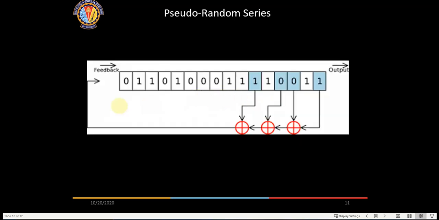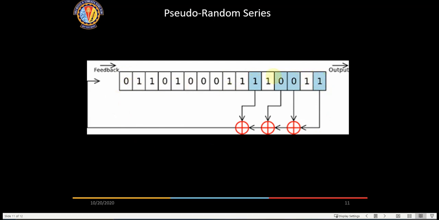See, instead of a 3-bit register, now I am taking a 16-bit register to generate a series. Now you see the type of combinations which I can give. I can give any initial pattern.